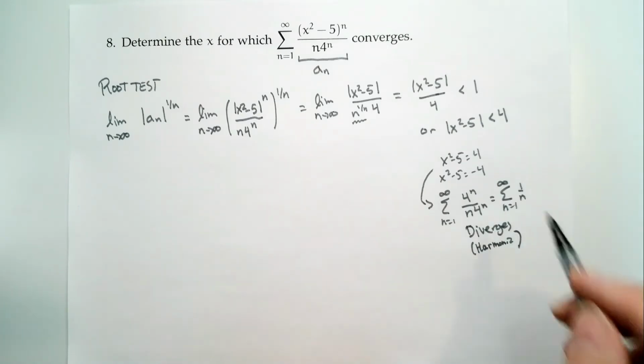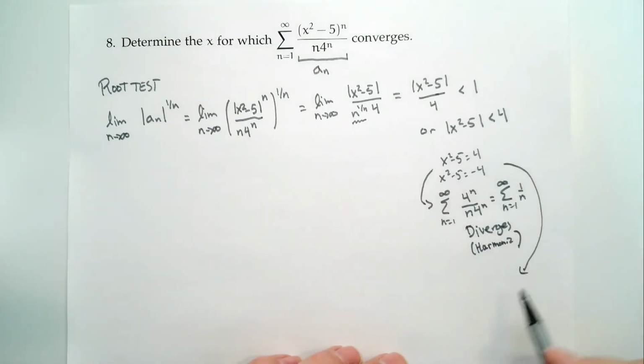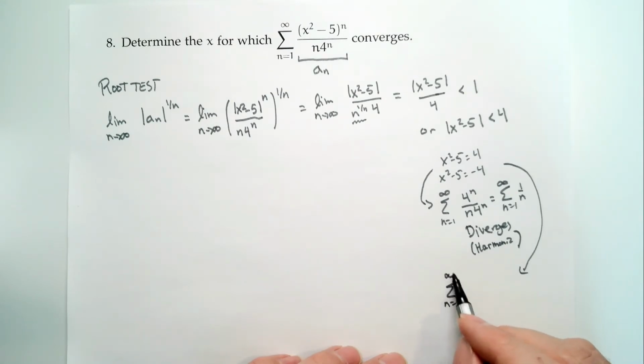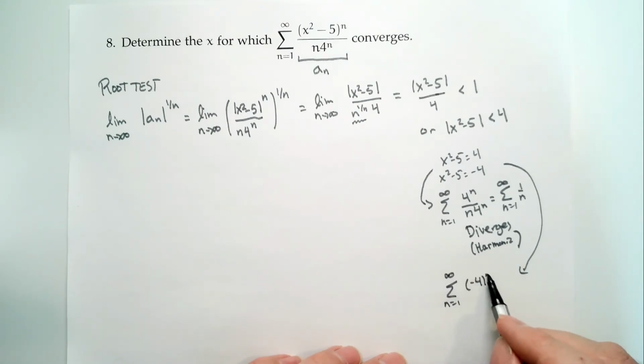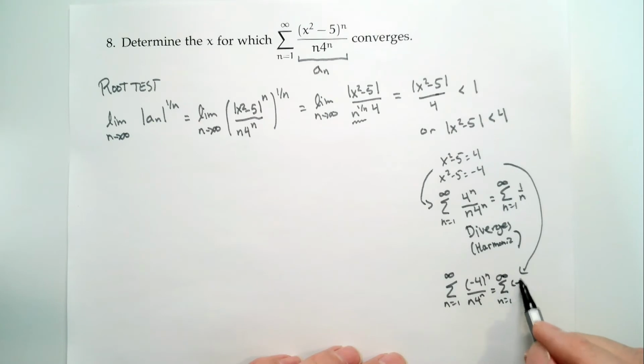Okay, how about the negative 4? Well, if we do the negative 4, what's the difference? The difference is you're going to have (minus 4) to the n over n times 4 to the n, which is the sum from 1 to infinity of (minus 1) to the n over n. Now, does that sum converge or diverge? And how do we know?